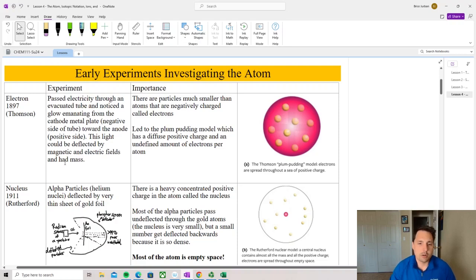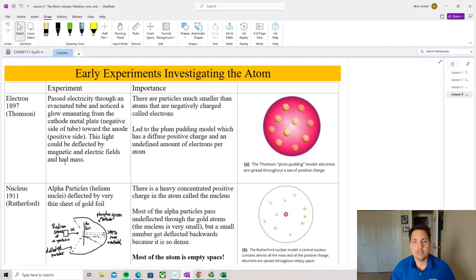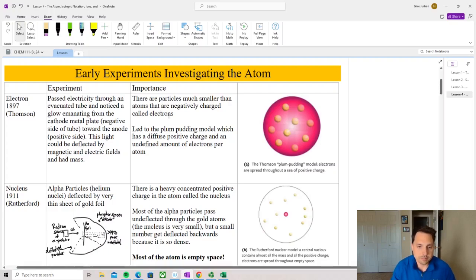So this was really important in the early investigation of the atom because now we know that there's these particles that are much, much smaller than atoms, and they're negatively charged. At the time, J.J. Thomson called these corpuscles, but now they're called electrons.